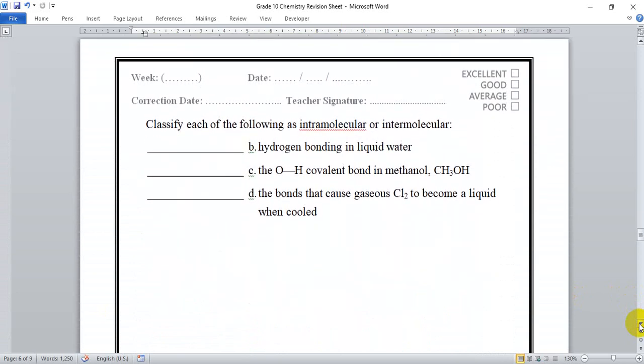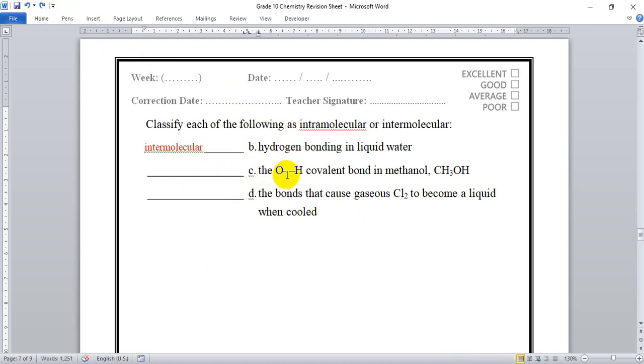Classify each of the following as intramolecular or intermolecular forces. Hydrogen bonding in liquid water, between different molecules. Hydrogen bonds between different molecules, so it is intermolecular forces.